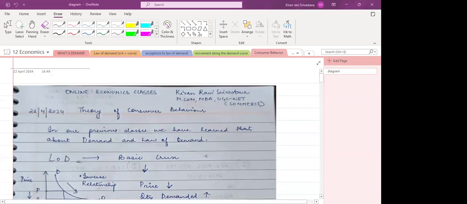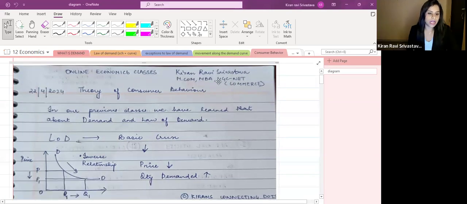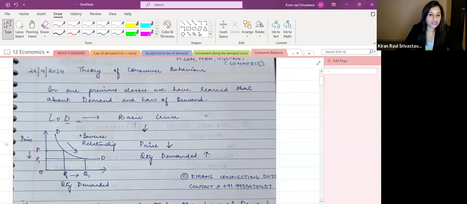Okay. So we are starting with the theory of consumer behavior. This is in continuation of what we have discussed in our previous classes about demand and the law of demand. I hope you all remember; we'll start with the basic crux of the law of demand.